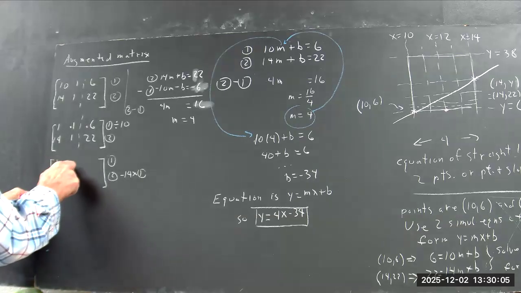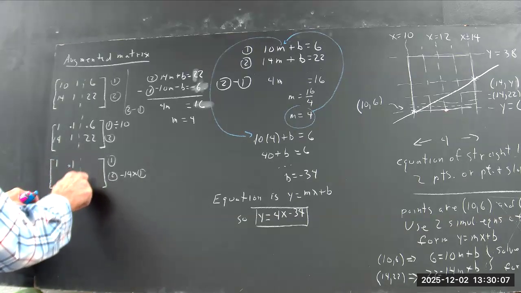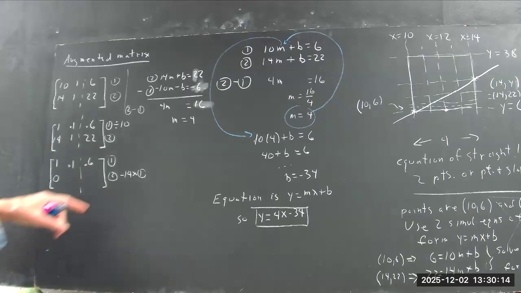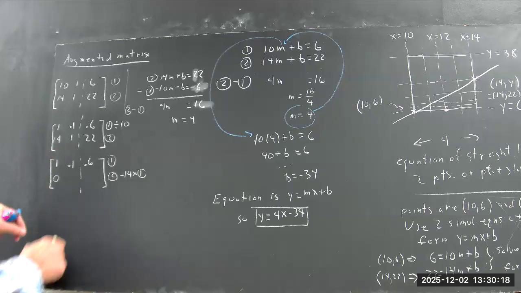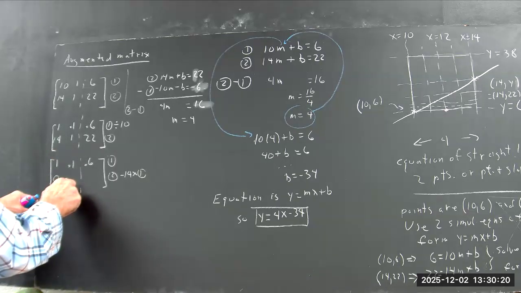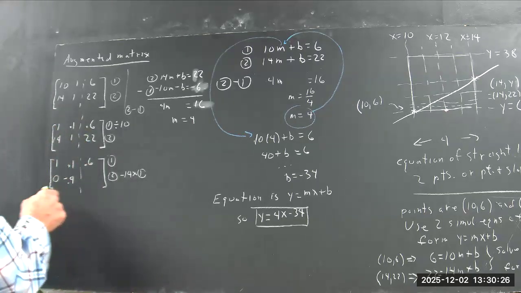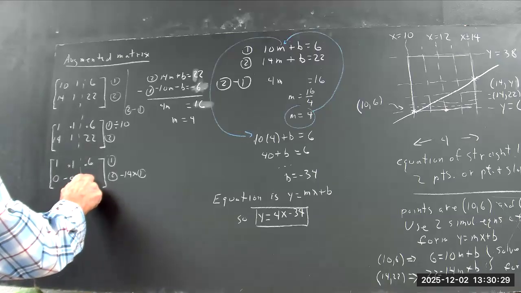We're going to get 1, 0.1, 0.6. We're going to get 0 here. Now, 14 times 0.1 is 1.4. And subtract that from 1, we're going to get negative 0.4. And 6 times 14 subtracted from 22 is negative 16.